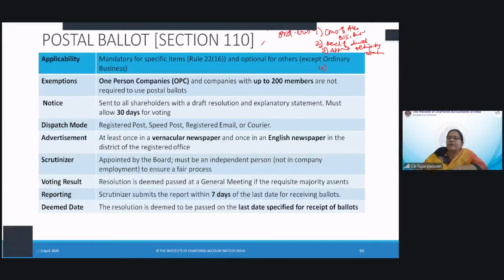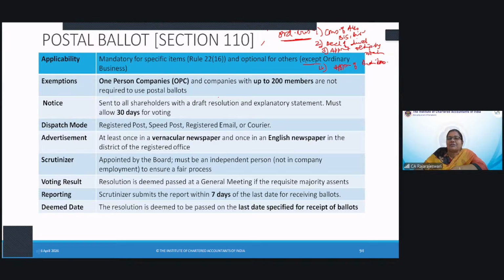Then the fourth one, appointment of auditors and fixing of remuneration. These four are the ordinary business. For this, you have to do it only in a properly conducted annual general meeting. So these four businesses cannot be transacted by postal ballot. Others you can do.